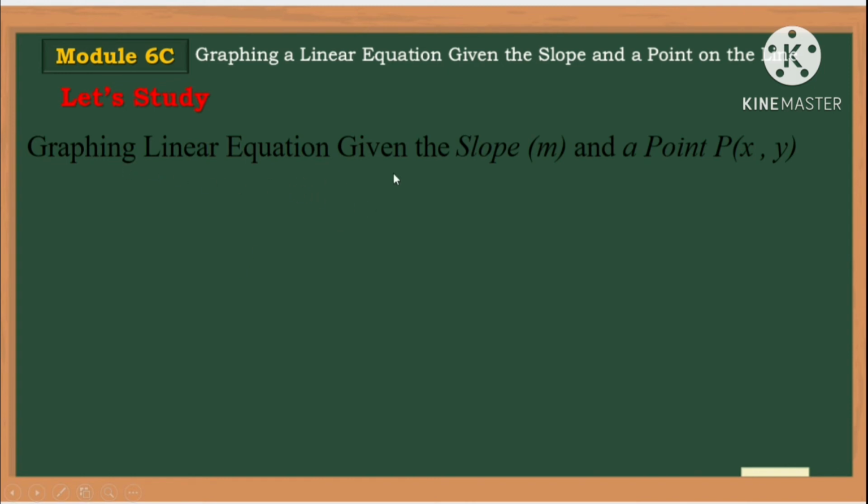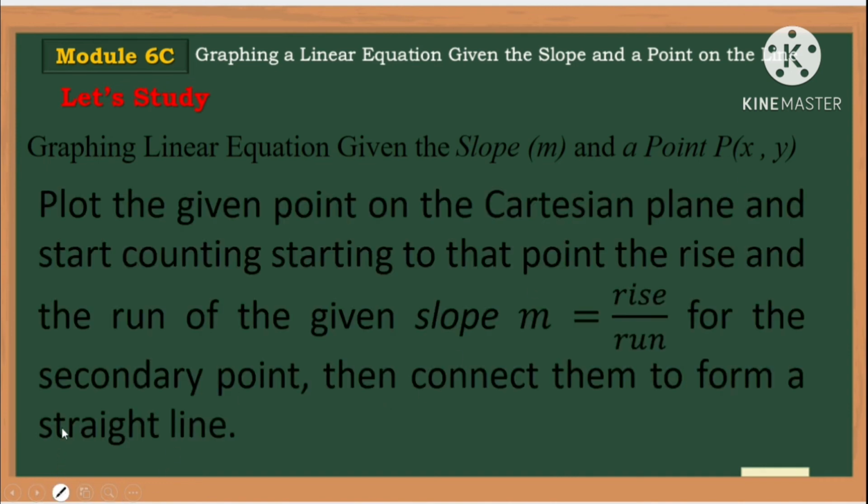In graphing a linear equation given a slope and a point, the ordered pair, we plot first the given point on the Cartesian plane or the rectangular coordinate system, and start counting from the point the rise and run of the given slope, where m is rise over run, for the secondary point. One more point so that we can draw a straight line.